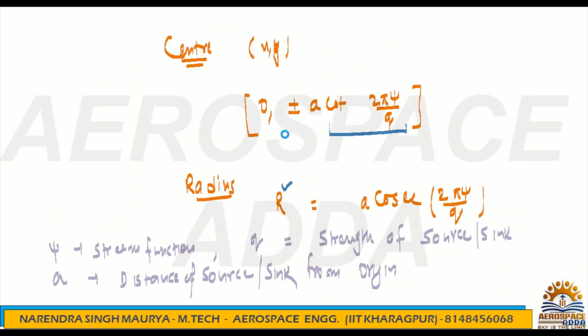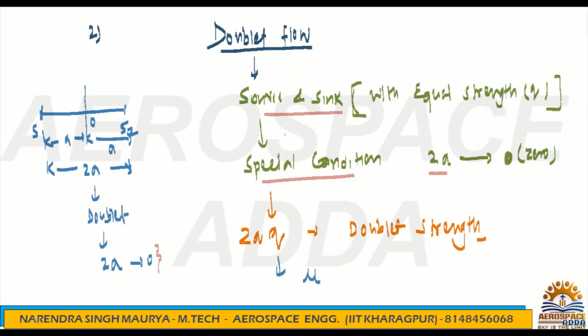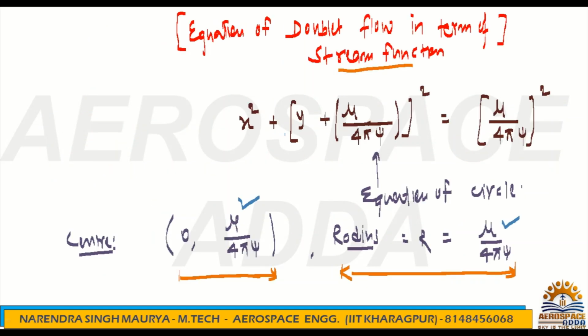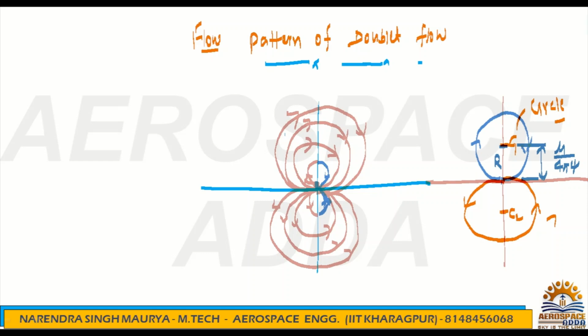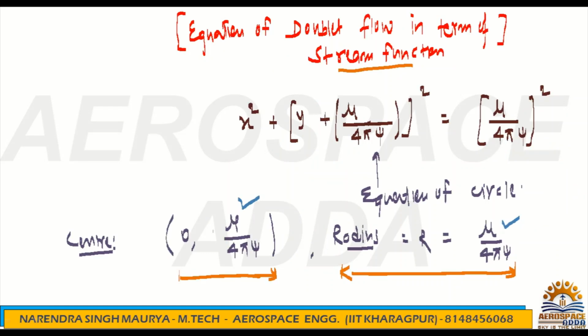For that reason, radius and center are different. But in this case, check, any circle, upper or lower, is passing through the origin. Hence center and radius both are the same. If you go downside, obviously this value will also be the same, but it will be mu upon 4 pi psi with a minus sign. I should write plus minus here, na. Okay.